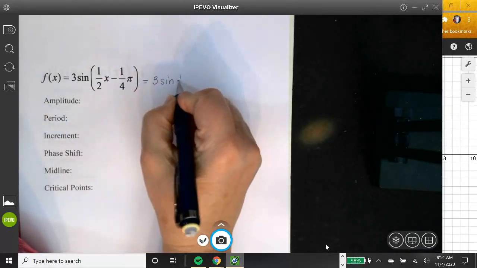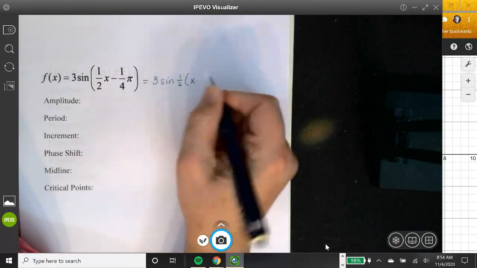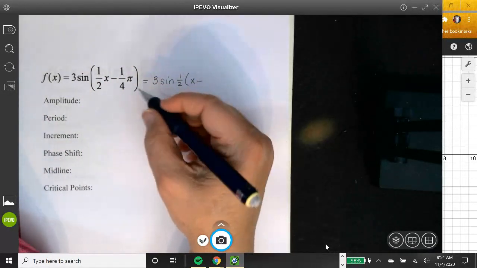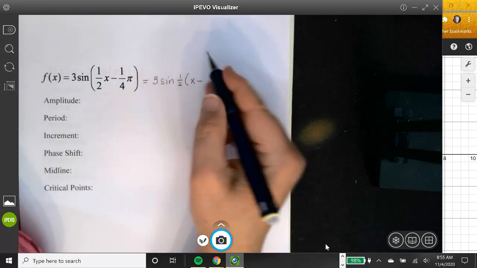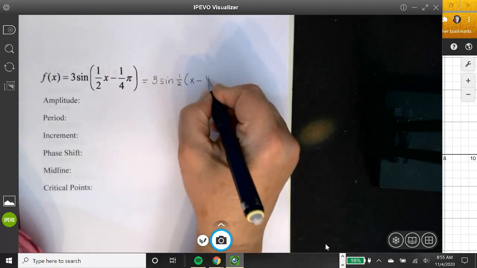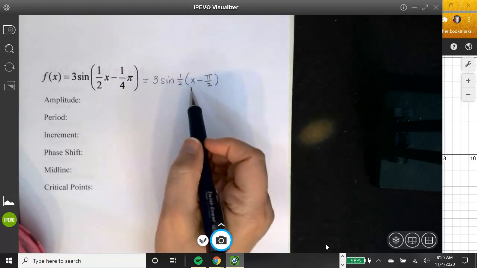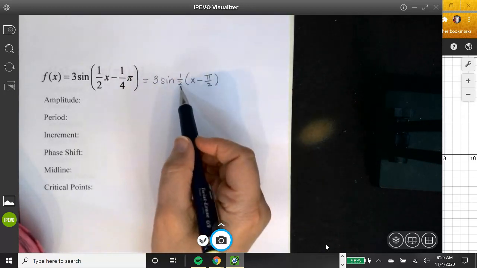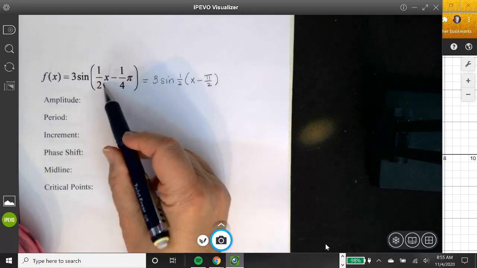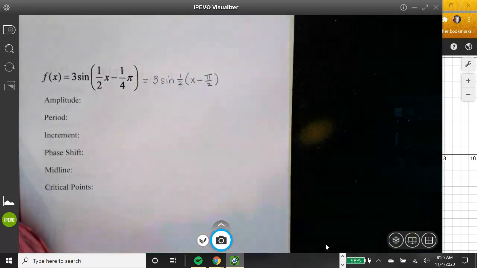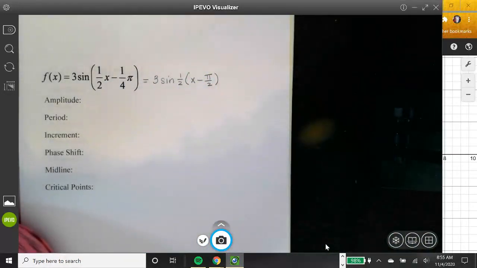So it's going to be 1/2 times x minus, well, if I take 1/2 out of 1/4, we're left with a pi over 2, right? So think about it. Does that make sense? If I multiply it back in, 1/2 times x is certainly 1/2 x. And then 1/2 times pi over 2 is pi over 4. So it works, doesn't it?